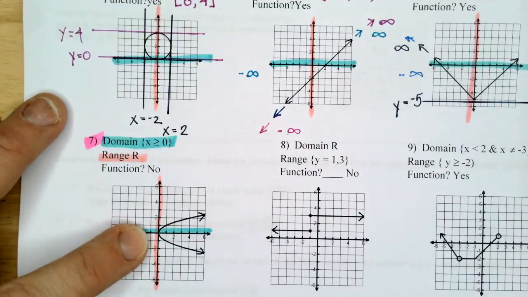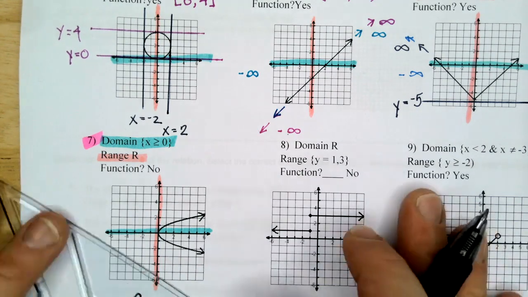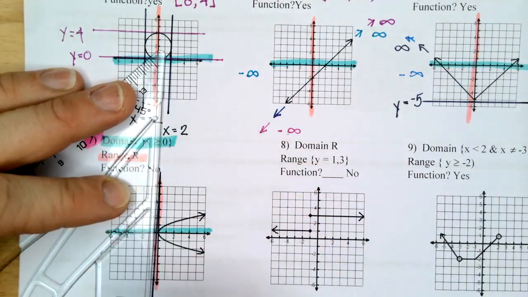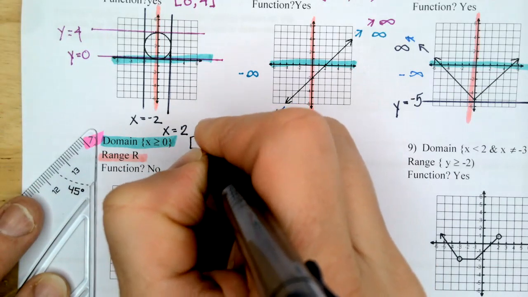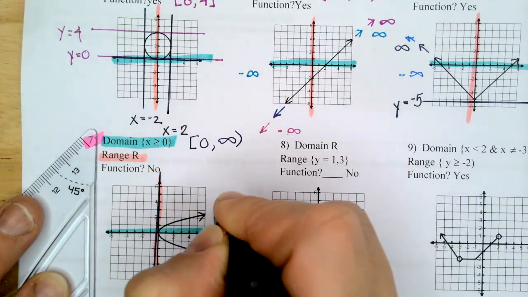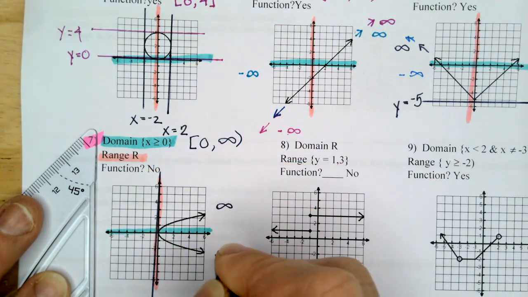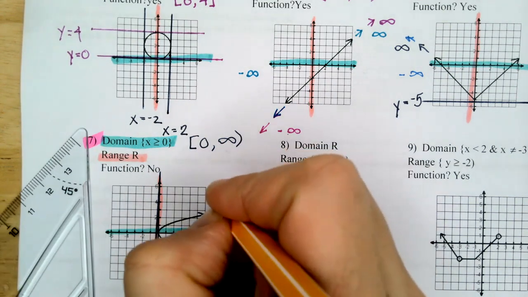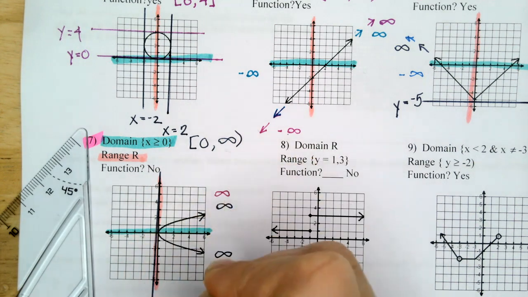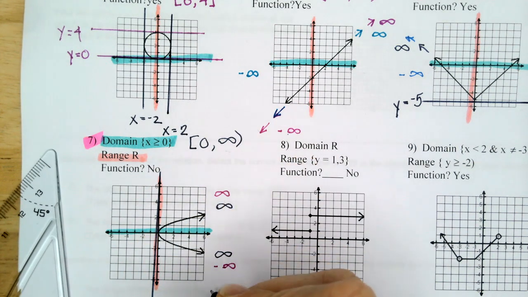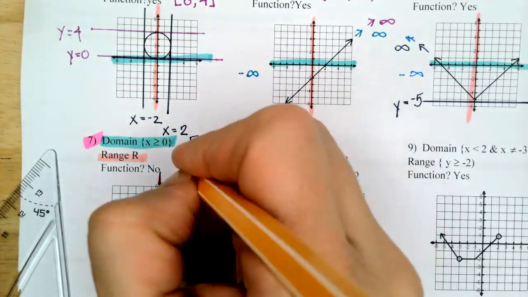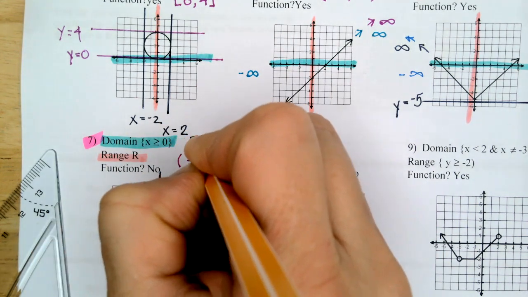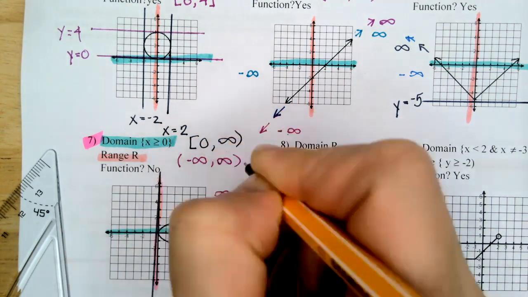It's not going to go past x equals 0. So it's going to go from 0 to positive infinity because this one means positive infinity. But for my y, this one means positive infinity, but this one means negative infinity. It is going down in terms of y. Good. So our range is all real numbers, which is negative infinity to positive infinity.